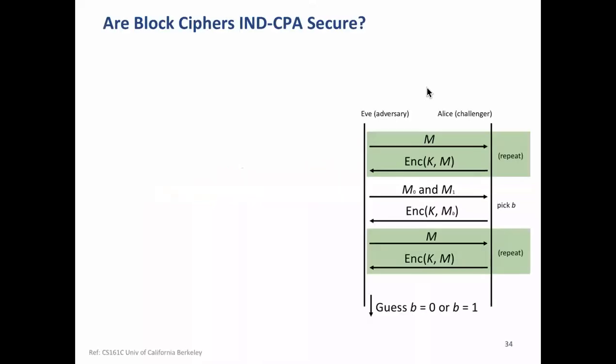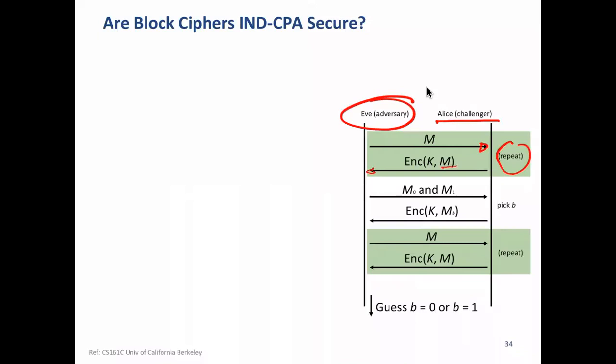All right, so now let's look at this. Eve sends a message M first. She wants to trick and get prior knowledge. She sends message M to Alice, and Alice encrypts it and sends the encrypted version of M back to Eve.